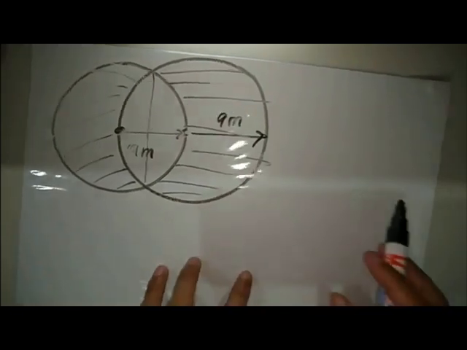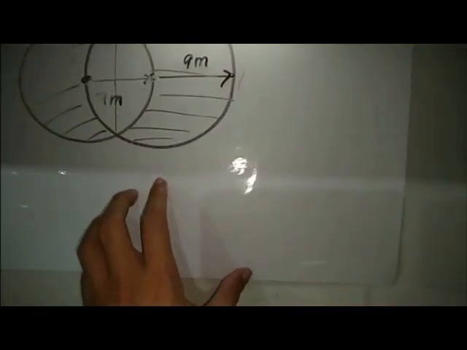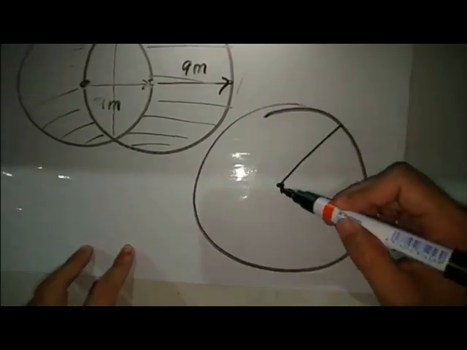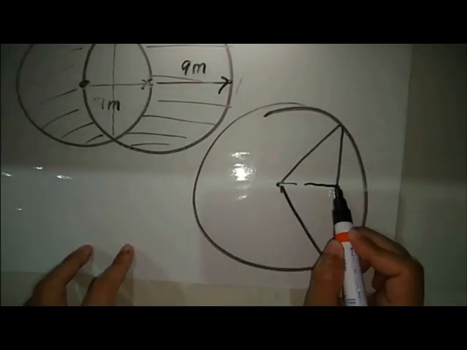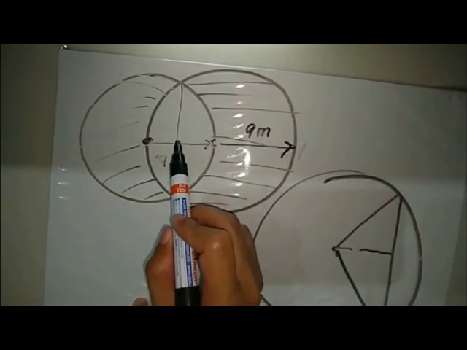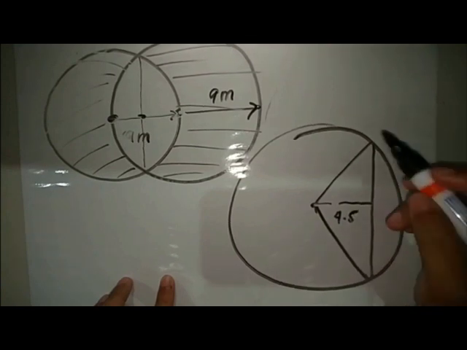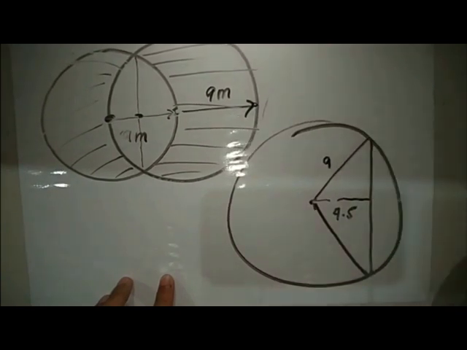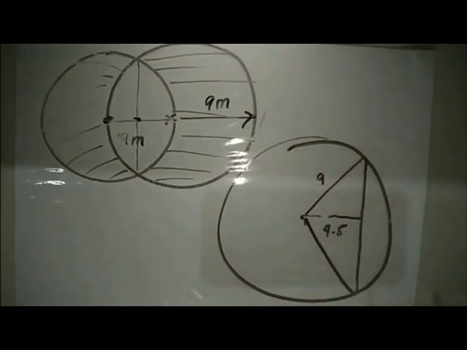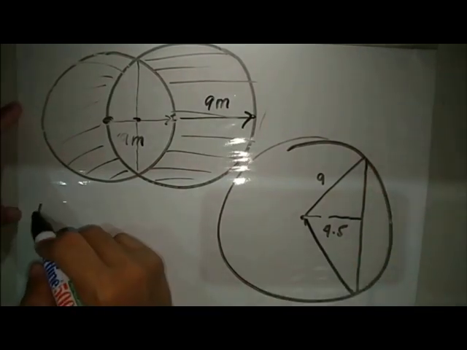So, i-write natin yung figure. Here we have, ito, na-bisect yung radius niya. So, this is 4.5, and this is, of course, radius 9.